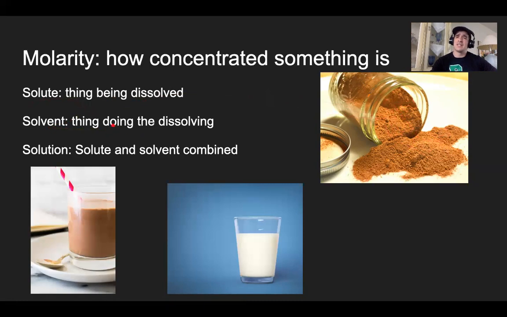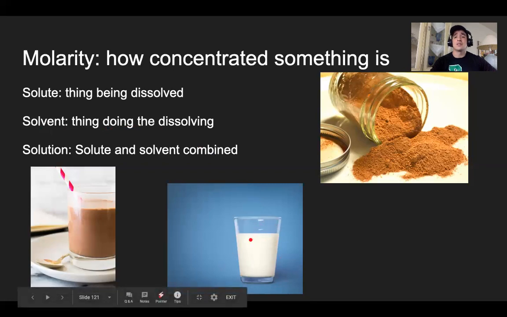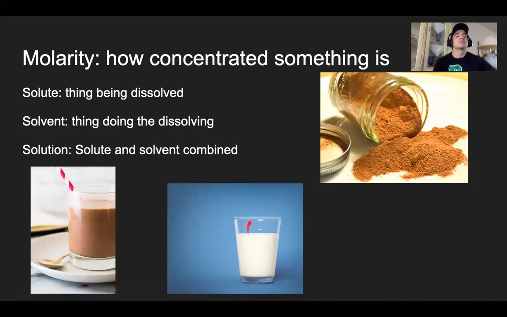Try to think of a detective. The detective solves crime. The solvent dissolves the solute. So the solvent here is going to be the regular milk, because the regular milk is going to dissolve the chocolate powder. The solution is the solute and the solvent combined to make whatever it makes.